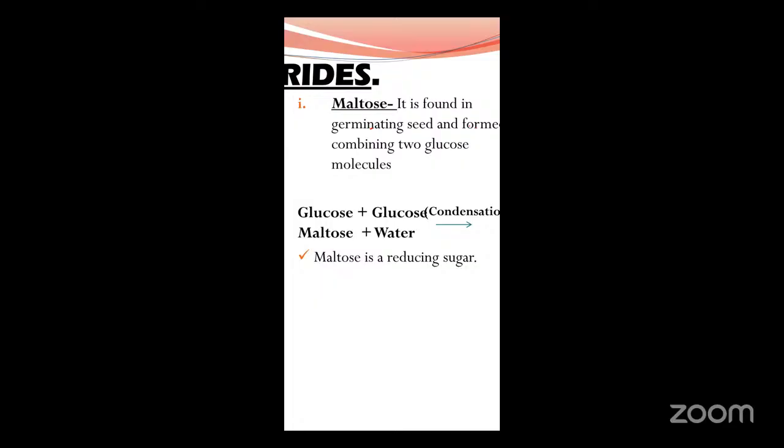Hydrolysis means adding water or breaking down in presence of water. So we can make disaccharides using two molecules of monosaccharides, or we can break down a disaccharide to get the two molecules of monosaccharides that were combined to form the disaccharide. And that process, of course, is known as hydrolysis.